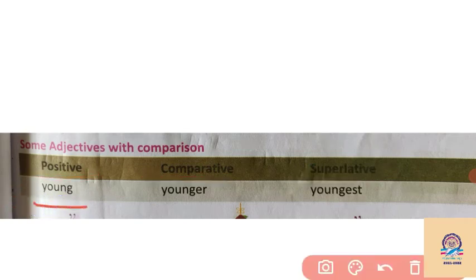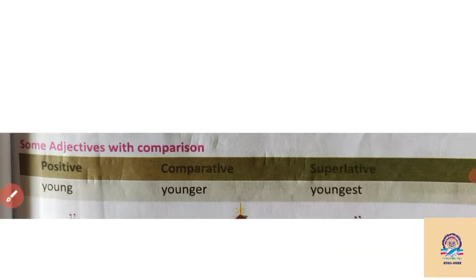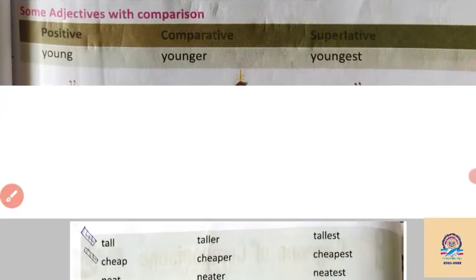Young changes into younger in the comparative, and younger changes into youngest in the superlative. It means we have to add er for the comparative, and we have to add est to the positive adjective young, so we can frame the superlative adjective.